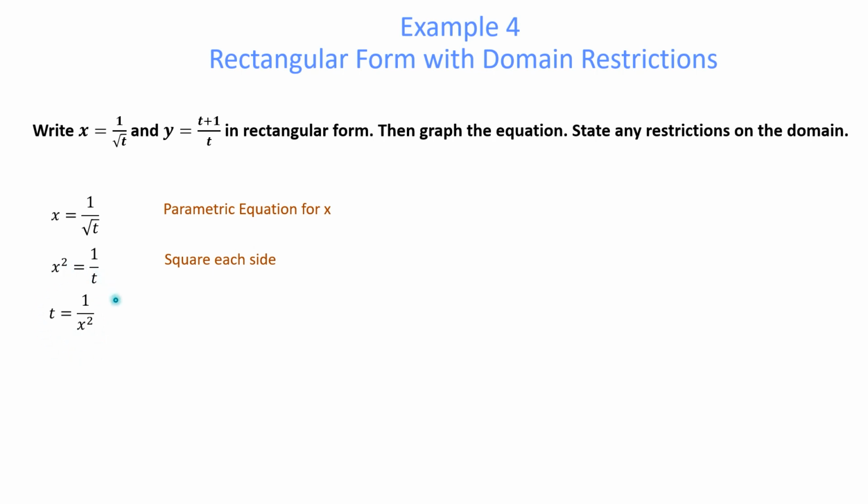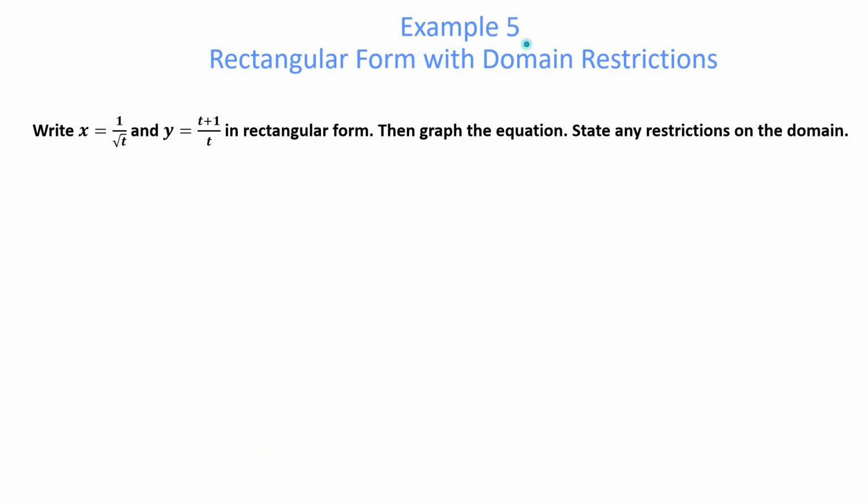So here we've got the value of t, which we will substitute in the equation for y. So we get y equals t plus 1 upon t, which is equal to, substituting the value of t here, 1 upon x square plus 1 upon 1 upon x square.